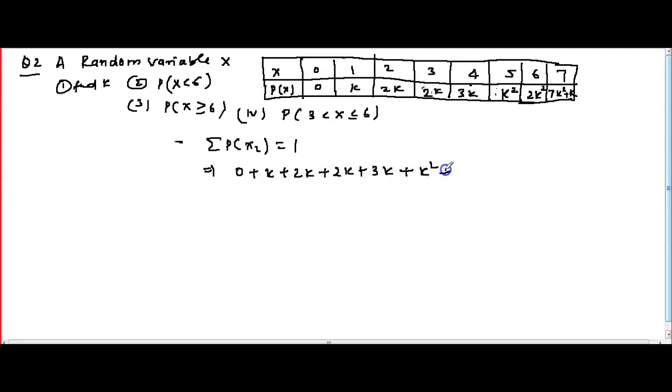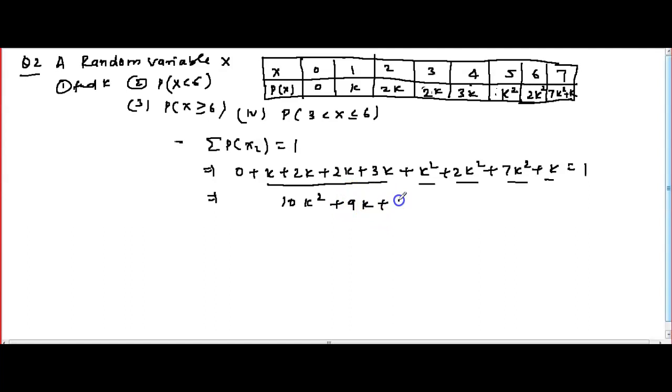Plus k square plus 2k square plus 7k square plus k is equal to 1. So you will get k square plus 2k square plus 7k square, this one is 10k square, plus 2k plus k, so this is 9k, plus 1 is equal to, so you can bring this side, so it becomes minus 1 is equal to 0.